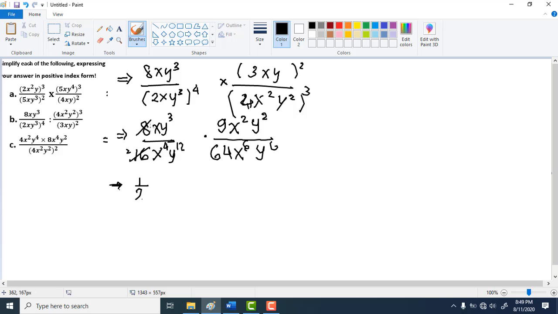And then x, the division becomes subtraction, so it becomes x to the power of 1 minus 4 minus 3, y to the power of 3 minus 12 minus 9, okay, times 9x square y square divided by 64x to the power of 6 y to the power of 6, okay.